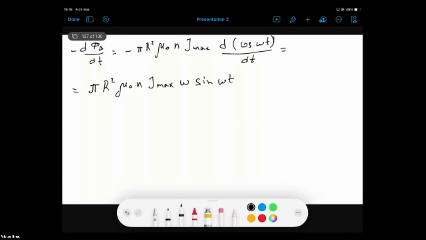So now we are done with the right side of this Faraday's equation, and we need to deal with the left side.